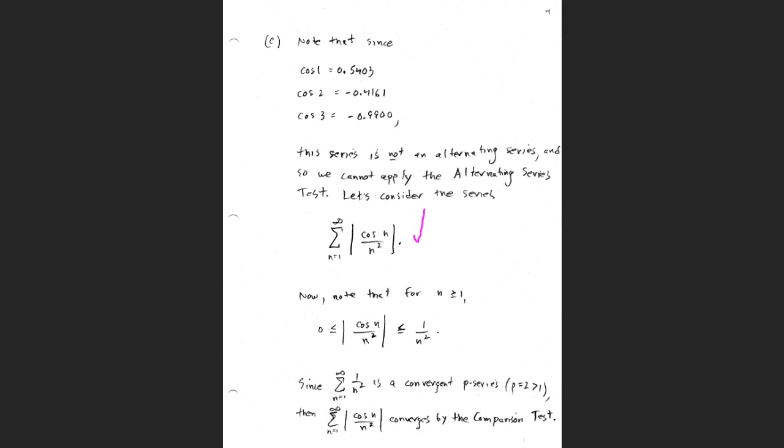So what we're going to do is look at the series where we have the absolute value of the terms of the series. You notice that I've taken the cosine of n over n squared, and I've put absolute value signs around that for the term.